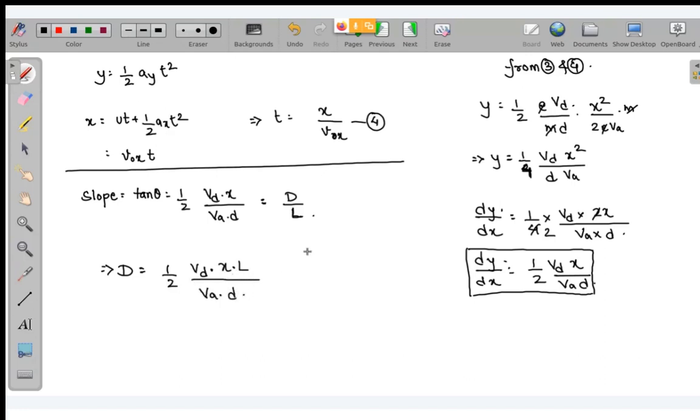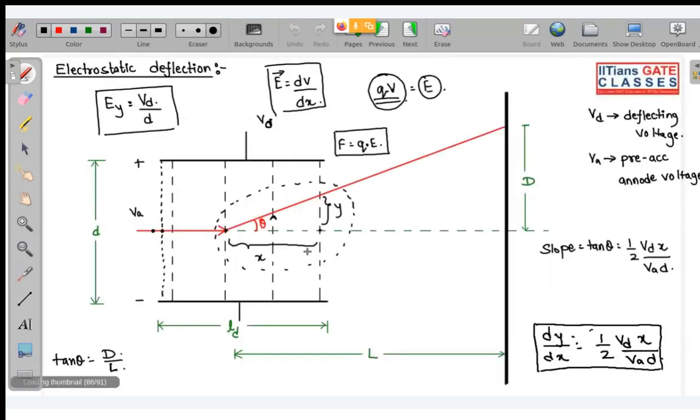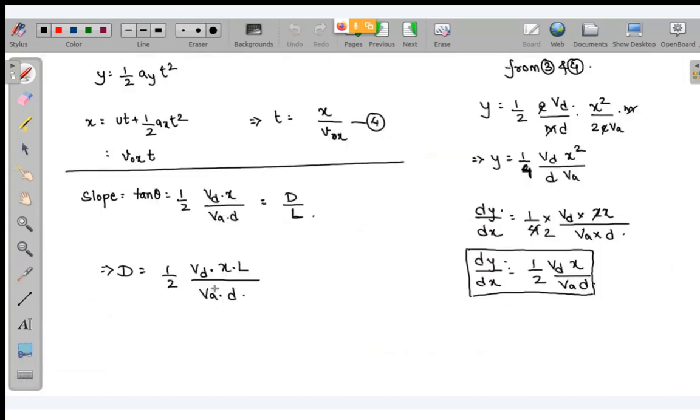Here, x is approximately equal to LD, so replace x by LD. So D is equal to half Vd into LD into L divided by Va into d.